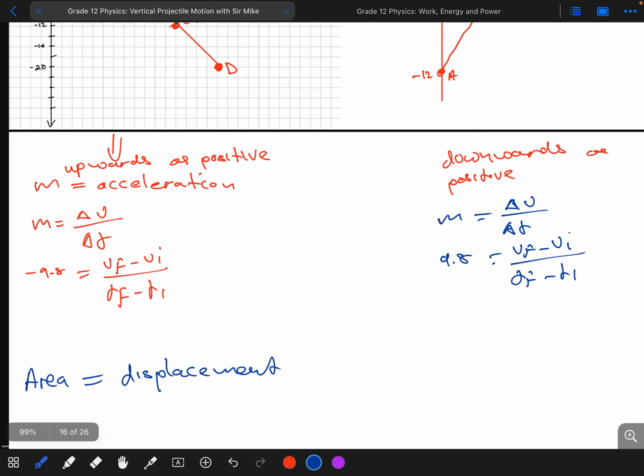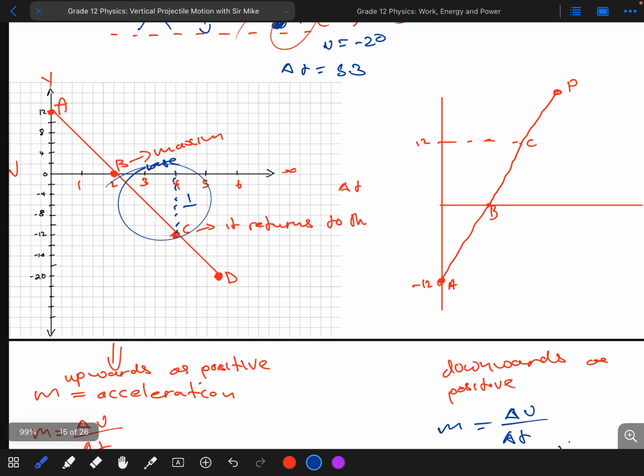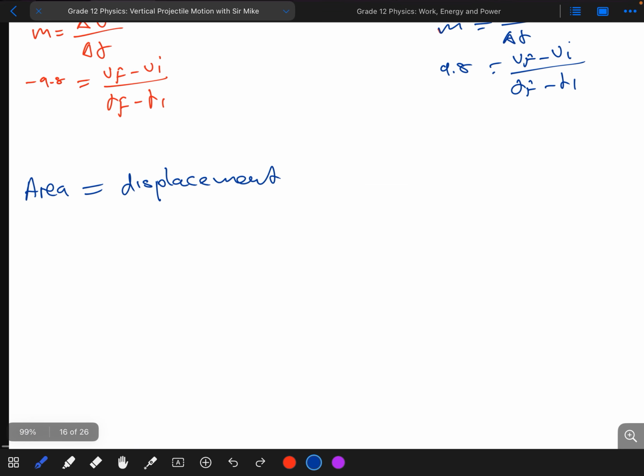Now you notice that this is actually a right angle triangle. So we know that to calculate the area of a right angle triangle, we say a half multiplied by the base multiplied by the perpendicular height.